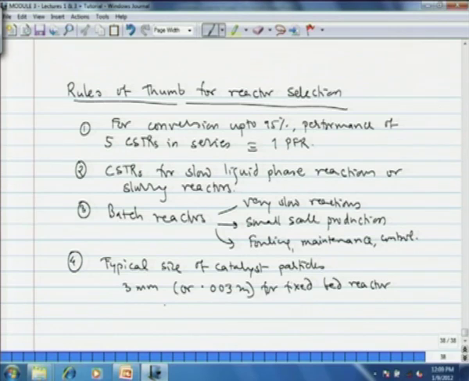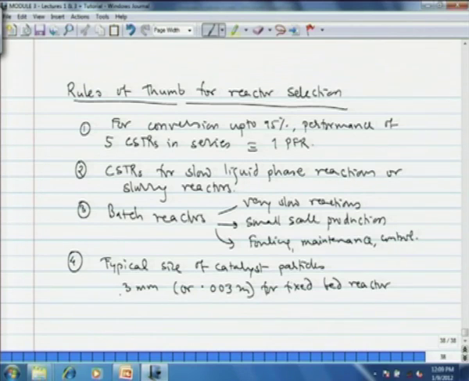So in order to have a judicious choice between interfacial area and pressure drop, 3 millimeter size is typical. If you go above this, then you have higher voidage but lesser surface area.